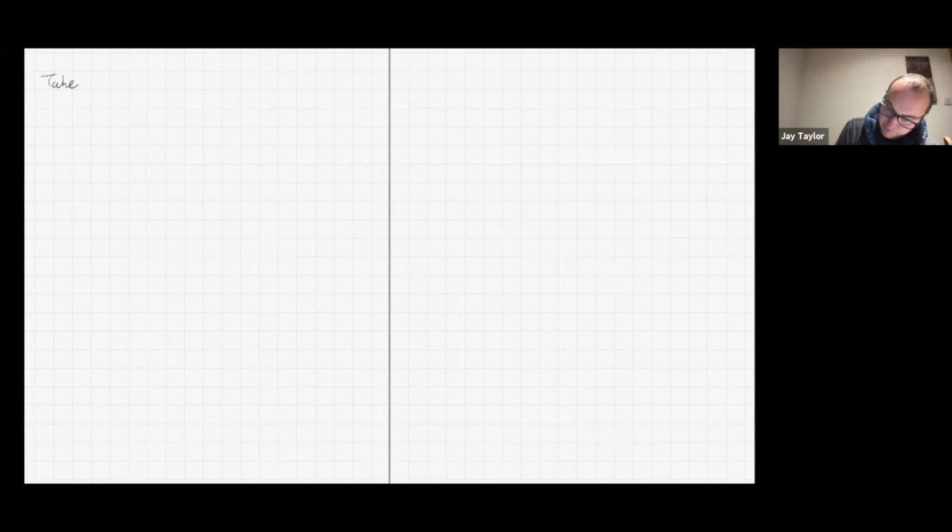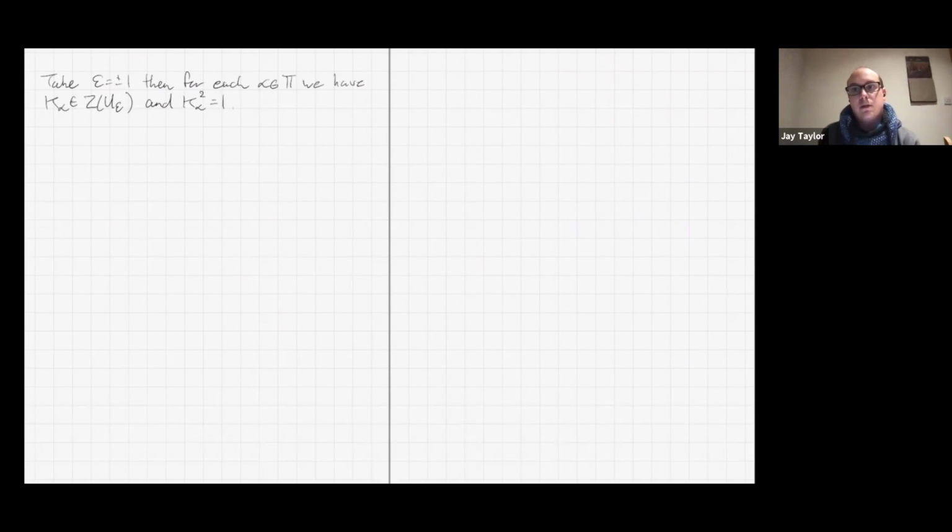So if we take epsilon equal to plus or minus 1, then for each alpha in pi, we have k alpha is in the center of this algebra, and k alpha squared is equal to 1. So this is really just an immediate consequence of the relations.